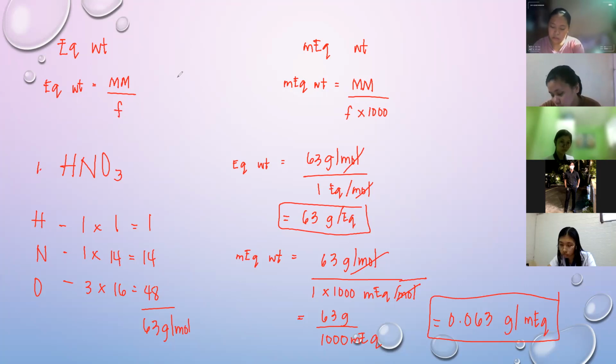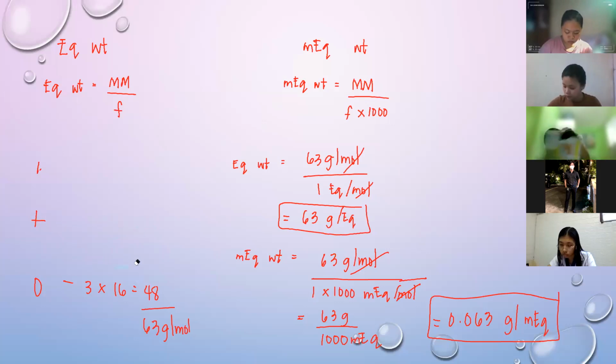Questions dito? Meron bang hindi naintindihan here? Yan ko kayo ng last one na. I would like to see if naintindihan talaga. Let me delete the writings on the screen. Siguro yung exam ko hanggang equivalent weight and milli-equivalent weight lang.